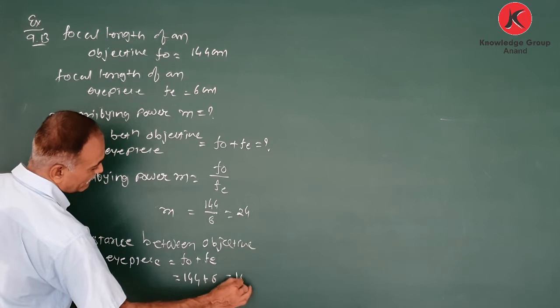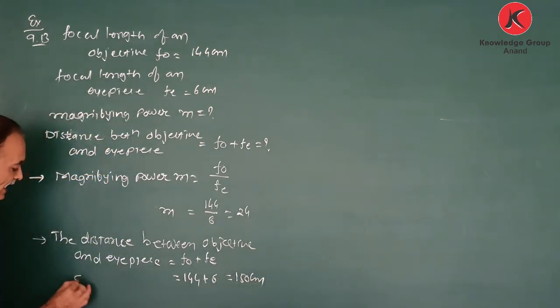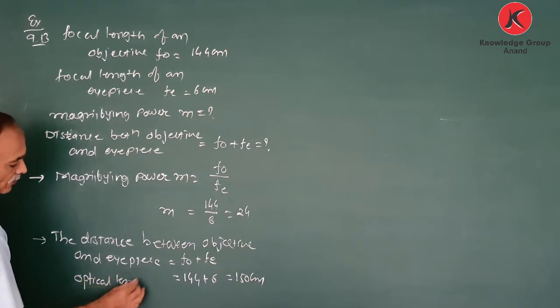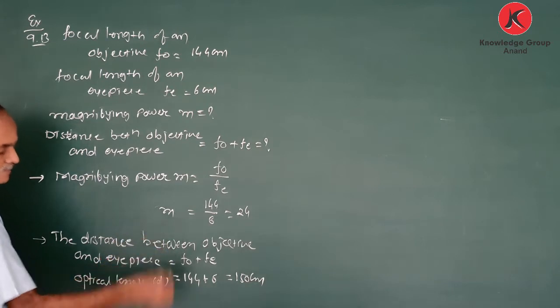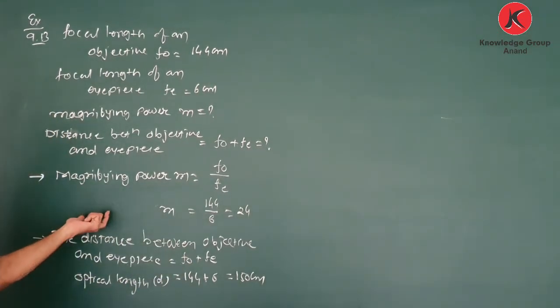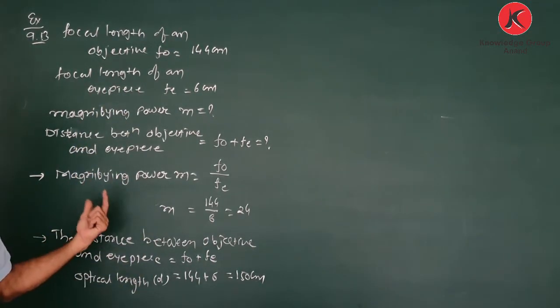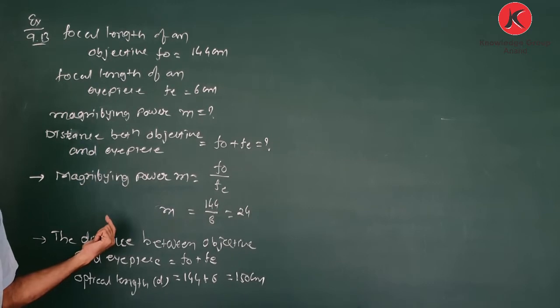That means 150 centimeter. That is also known as the optical length of a telescope. So this step of the numerical we can complete. Okay. And this numerical is important for the objective question.